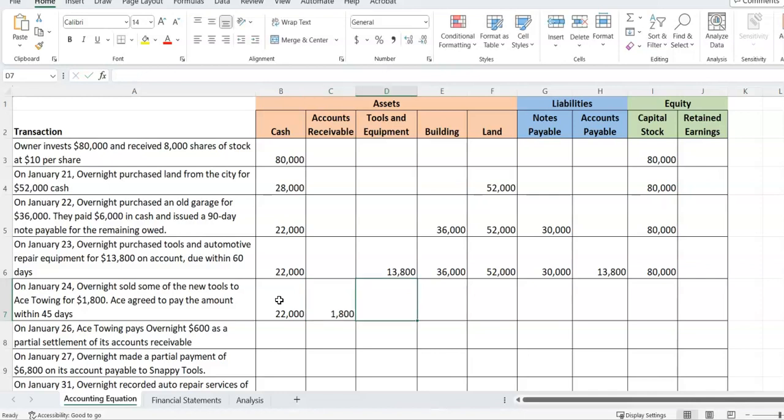So we had $13,800 in tools and we sold 1,800 of them. So we're going to subtract that out. Now we have 12,000 in tools. We still have our building. And then nothing changed about any of our other information.